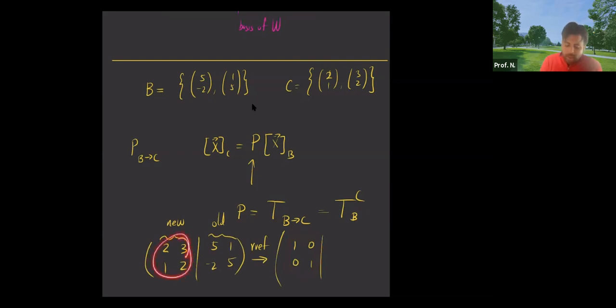Whatever I do to row reduce this, I'm going to get the identity. But the row operations that I apply to make this 1, 0, 0, 1 are not the same that would make the other into 1, 0, 0, 1, because they're just different numbers. So this would produce the transition matrix.